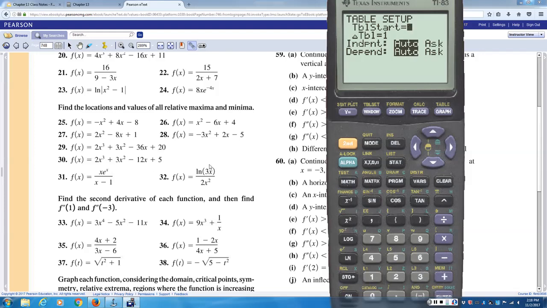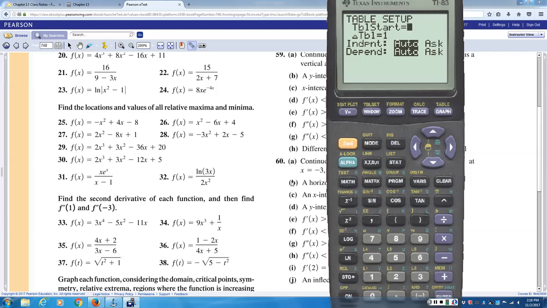Now the one thing that we know about this function is that neither it nor its derivative is going to be defined when x is equal to 1. Does everybody realize why? What was the cardinal sin if we let x be 1? Undefined. So that means if the function's not defined, the derivative isn't either.